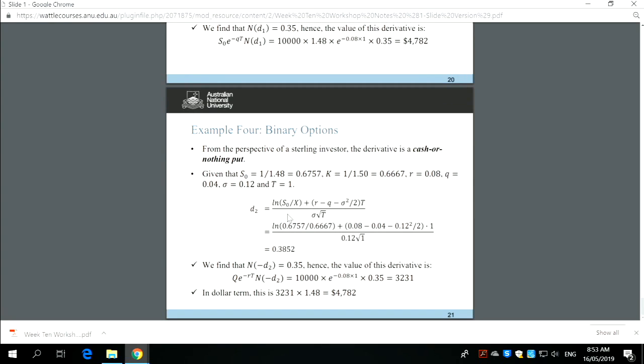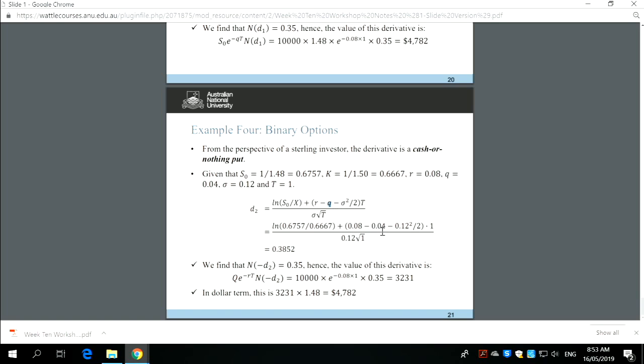So the first thing we need to do is work out d2. And remember, the spot price you're using in this second part of the question is 1 divided by 1.48, because this is from the sterling investors' point of view. And the strike price is 1 divided by 1.5. This time the domestic rate is 8%, and the foreign rate is 4%.